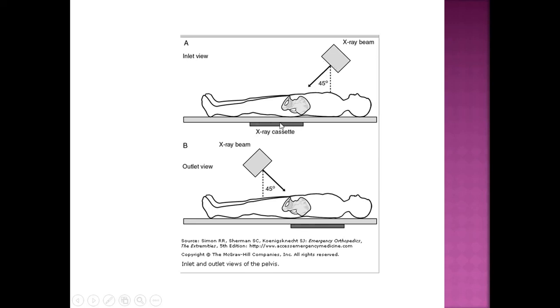The outlet view is done with the film down, and the X-ray machine is at 45 degrees from the lower side. So this will give you further detail of fracture of the ring of the pelvis.